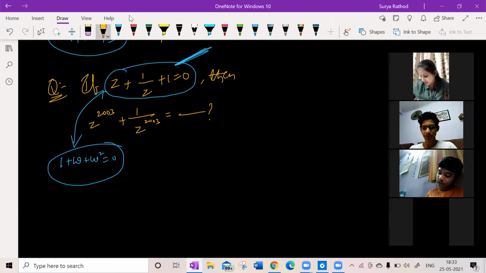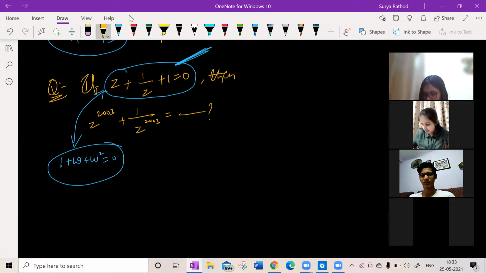So we can take the 2002 part in common and equate it to 0. Then it will be z plus 1 upon z, and from the first equation it is written that z plus 1 upon z is equal to -1.